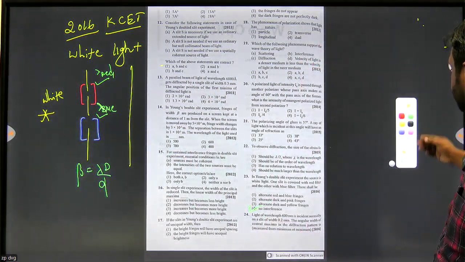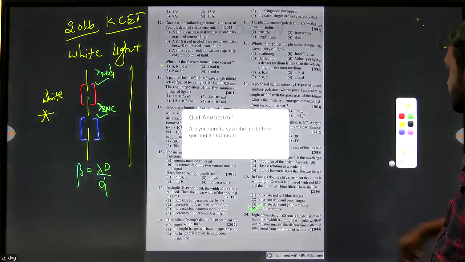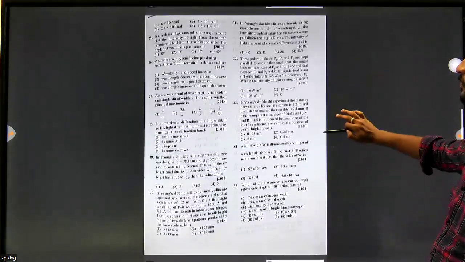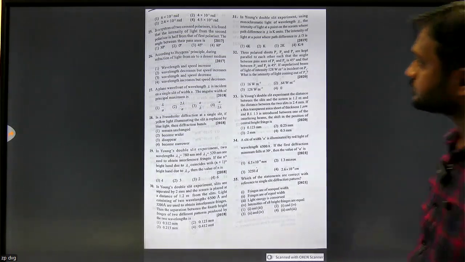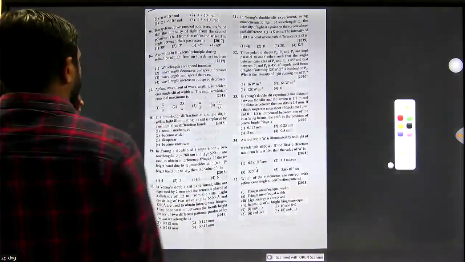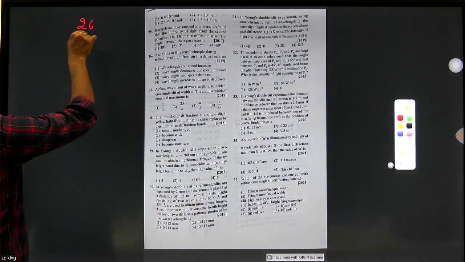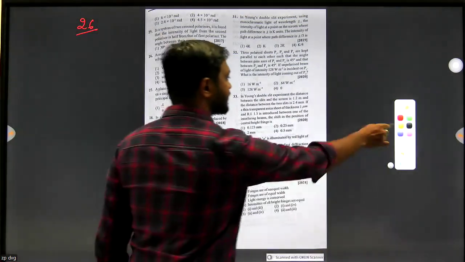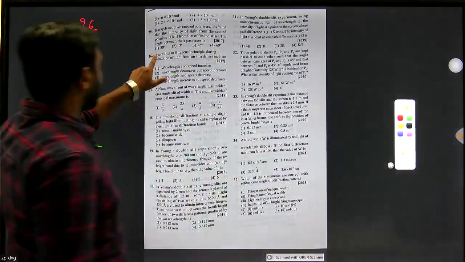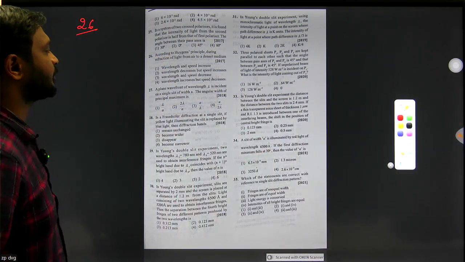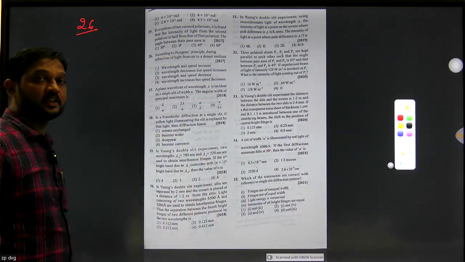The next one is question number 26. According to Huygens principle, during refraction of light from air to a denser medium, what happens?